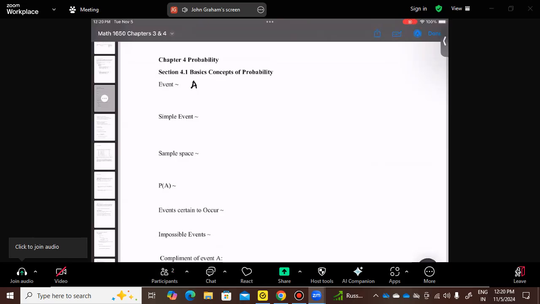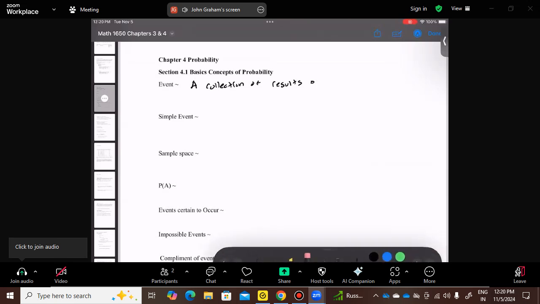An event is a collection of results or outcomes from a random experiment or procedure.